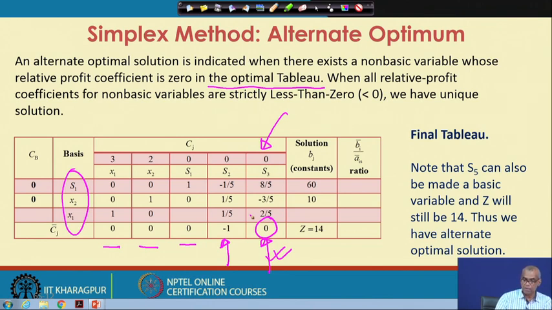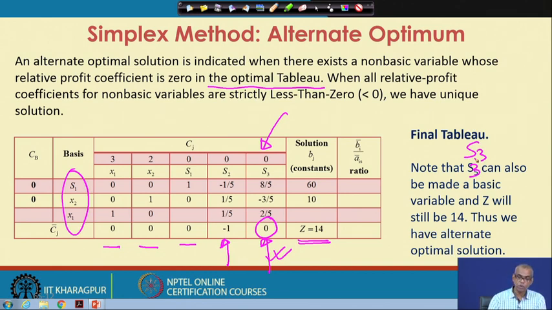So, if Cj bar for S3 is 0, it means that if S3 is made a basic variable, the objective function value will still be 14. So, we can make S3 a basic variable, and that will not change the objective function value. It will still remain 14.